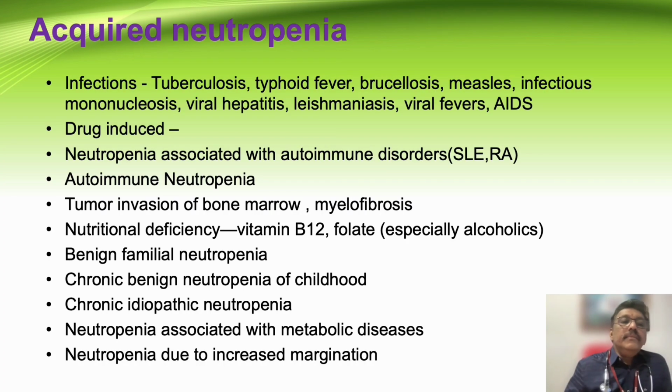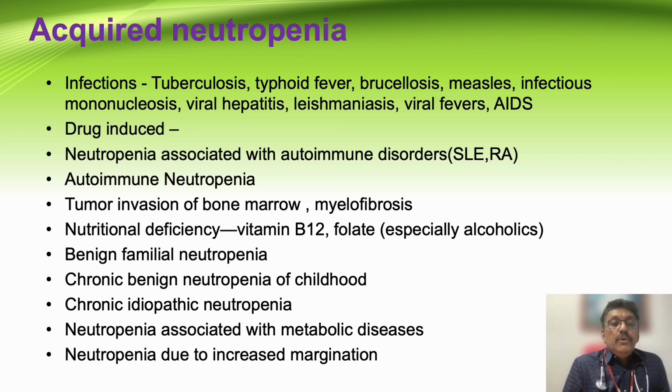There are various causes for neutropenia. TB, typhoid, brucellosis, measles, infectious mononucleosis, viral hepatitis, leishmaniasis, many viral fevers, HIV, and immune disorders like SLE and rheumatoid arthritis. Autoimmune neutropenia itself can present without any secondary disease like SLE or RA.